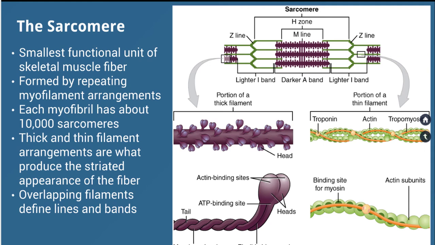Each sarcomere is approximately 2 micrometers in length with a three-dimensional cylinder-like arrangement and is bordered by structures called Z-discs. Here you can see Z-discs, also called Z-lines, to which the actin myofilaments are anchored.